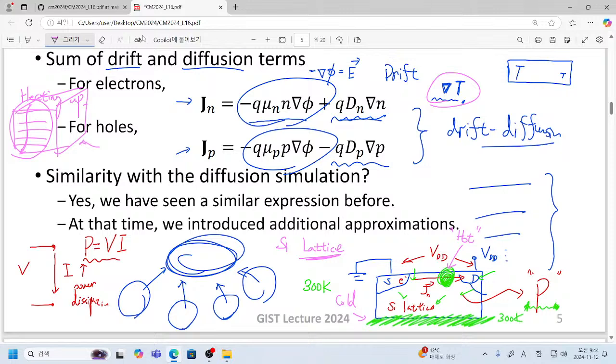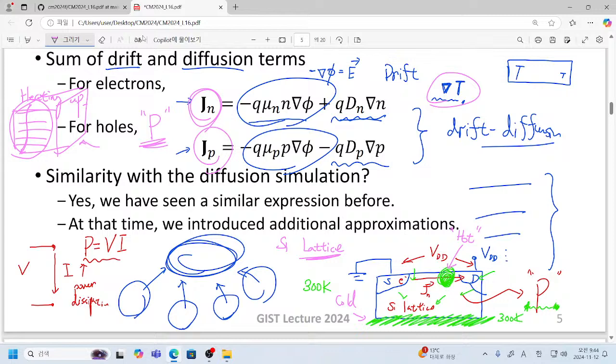However, please note that this is just the beginning of our device simulation. So in this case, we think that current density J is not that high. That's the reason why the generated power or power dissipation by this J is also not that high.